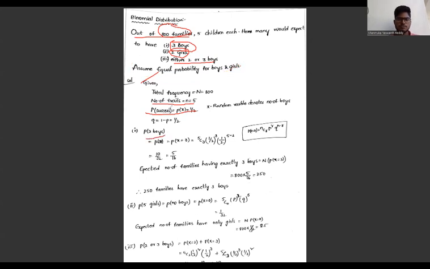From the first sum, we should calculate how many of the 800 families having 5 children have 3 boys out of 5 children. So P of x equals 3.